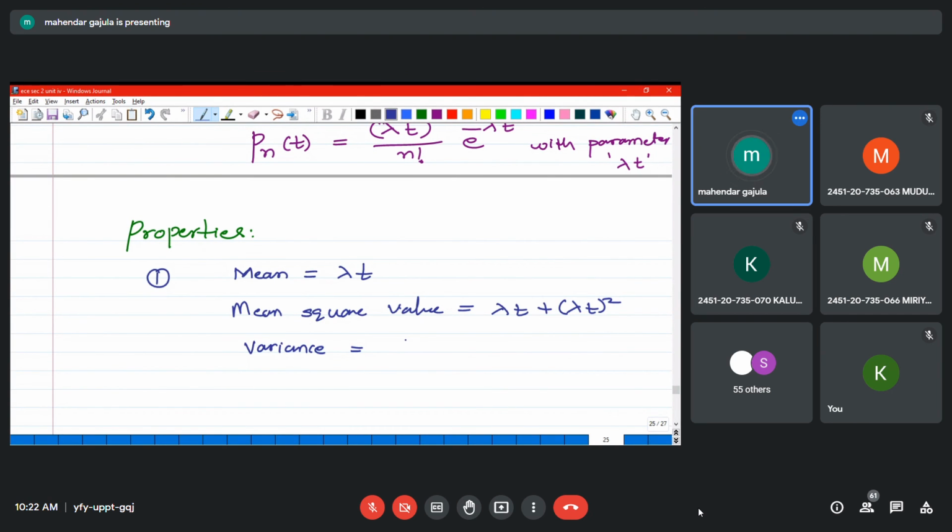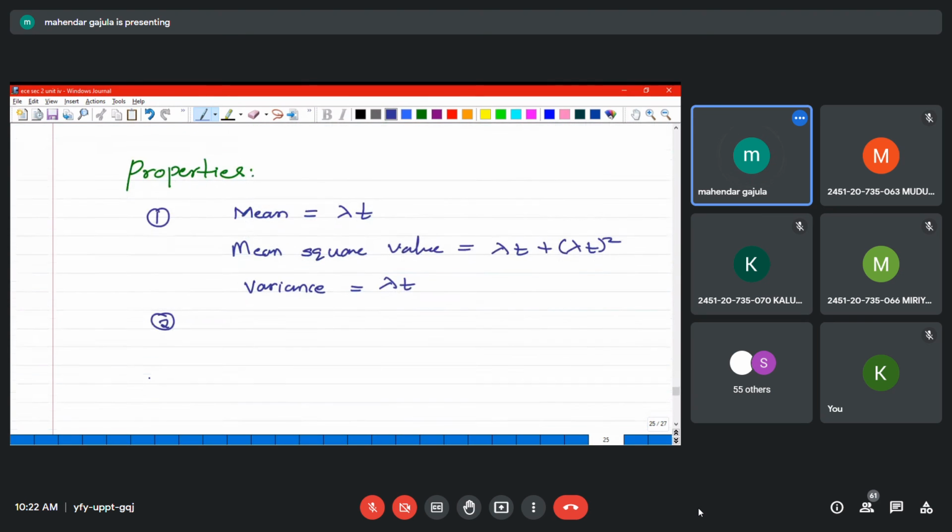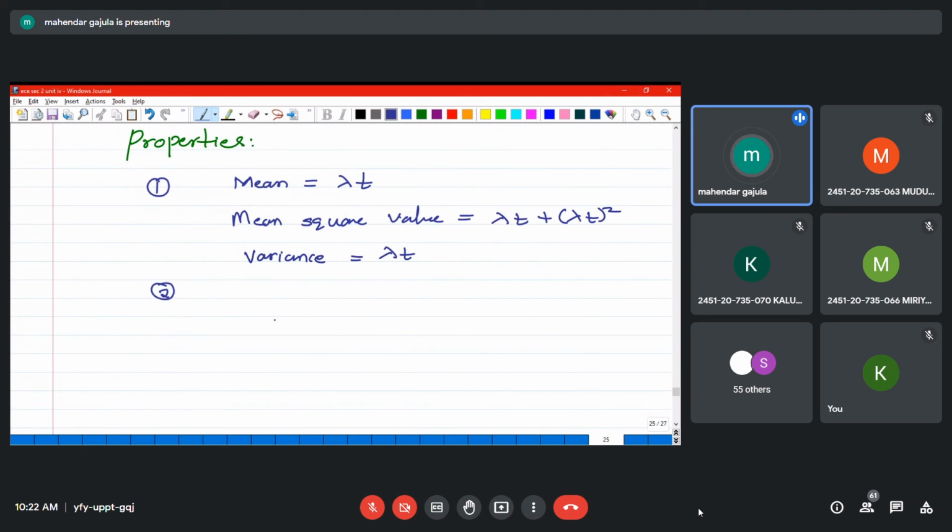So what do you get? λt only. Next, autocorrelation function R_XX(t1, t2) equals λt1 (λt2 + 1).